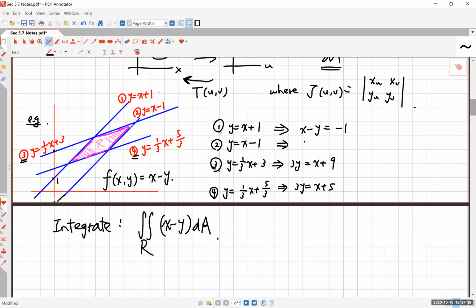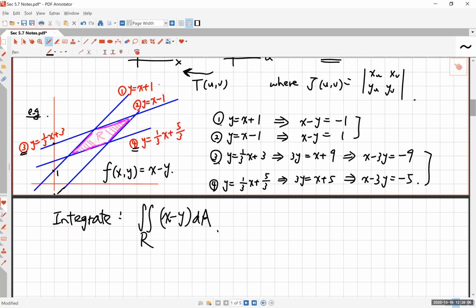And then here you can rewrite this as x minus y is equal to 1, right? So x minus y actually goes from -1 to 1. Keep that in mind. For 3 and 4, if you multiply both of these equations by 3, you get 3y is x plus 9, which will give you x minus 3y is negative 9. And this one, x minus 3y is negative 5, right? Sure.